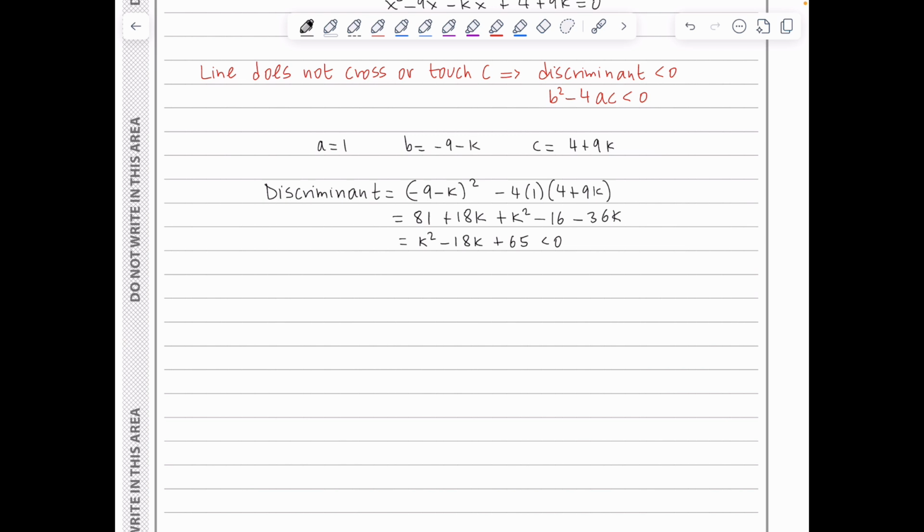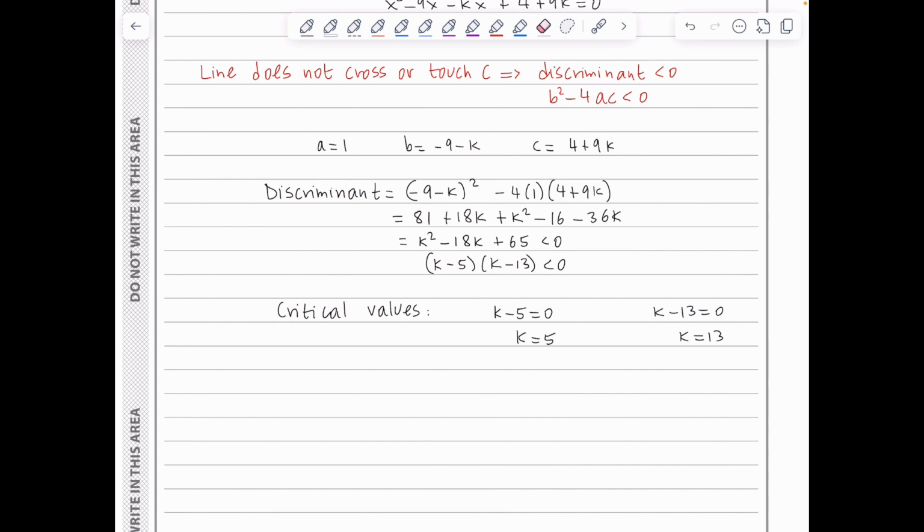Well, I can factorize the given quadratic expression in k, leading to k minus 5, k minus 13 being less than 0, which means I can proceed in finding the critical values, which are the values that make the left-hand side 0. We've got k minus 5 is equal to 0, or k minus 13 is equal to 0, so k is 5 or k is 13.